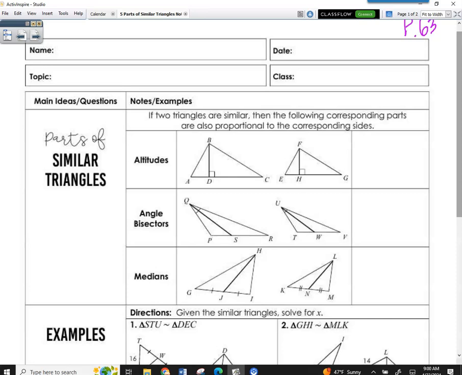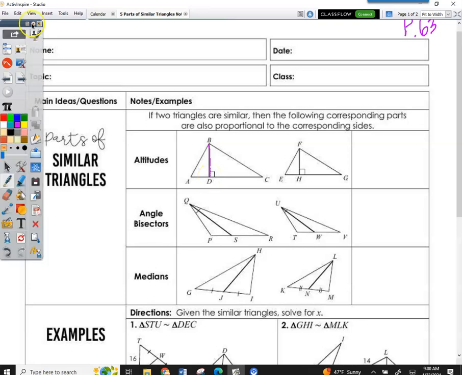Anyways, okay, so an altitude in terms of the triangle is, take your pencil, or if you have a color pen or a highlighter, that line that's dropping straight down, perpendicular to the bottom of the triangle.